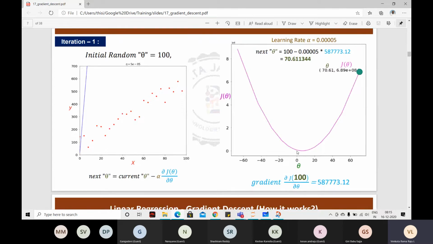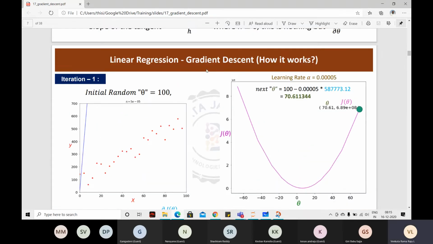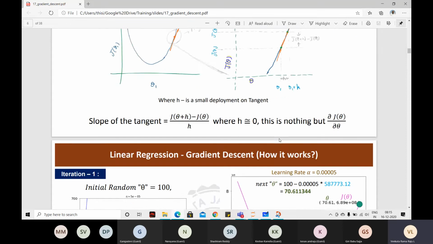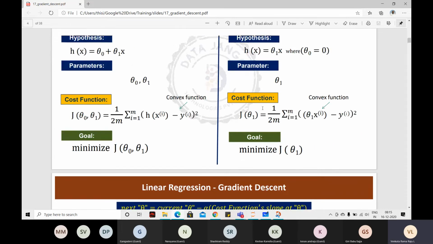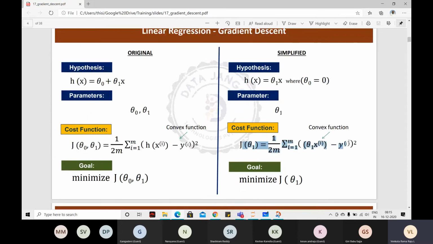When the slope of the tangent becomes zero, we know that we have reached the global minimal error place, and from that place we should not be moving the line. To accommodate that, the researchers who found the gradient descent algorithm took the convex function as the cost function. Okay, understood? Why a convex function as a cost function?